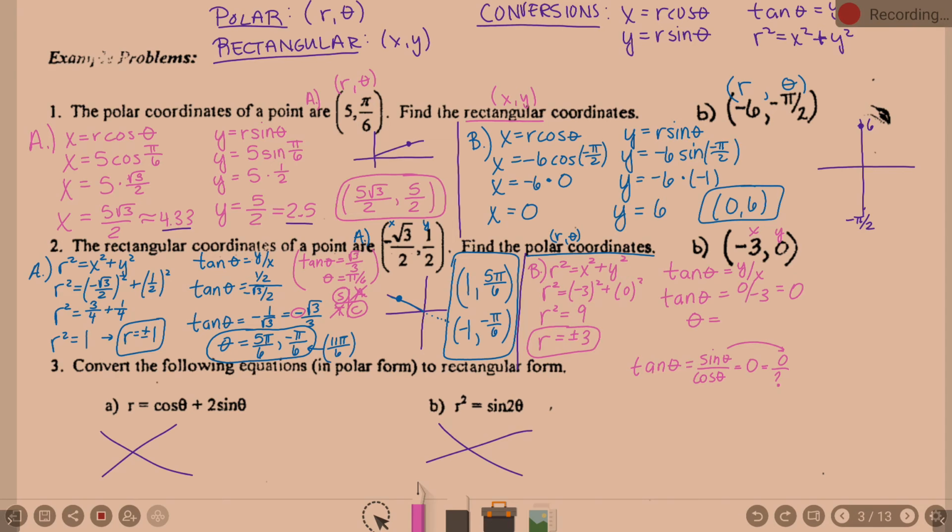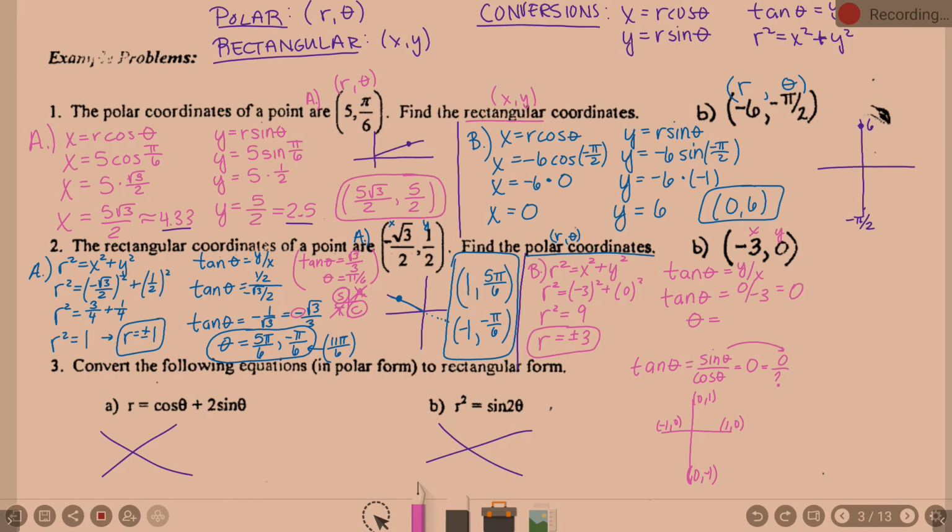Okay? So if we go back to what we were doing earlier, 1, 0, 0, 1, negative 1, 0, negative 1. When is sine 0?